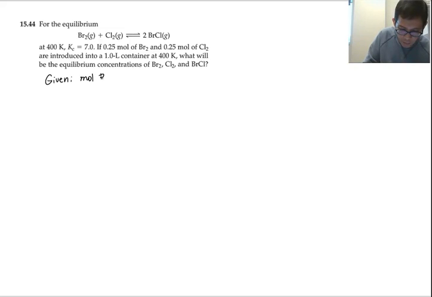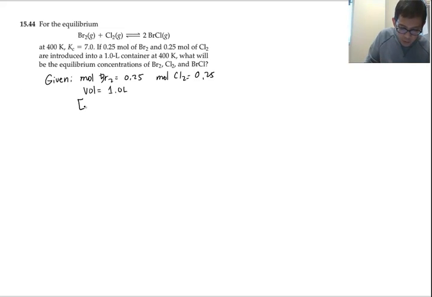Moles of Br2 equals 0.25. Moles of Cl2 equals 0.25. And volume is equal to 1.0 liters.